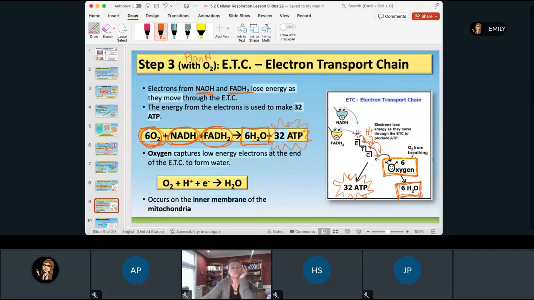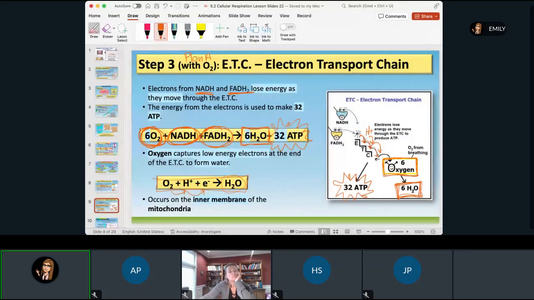Really important. The oxygen captures the low energy electrons to form water. So that's what this is showing. This down here is showing you that the oxygen is combining with the hydrogen and the electrons, and it's producing water.